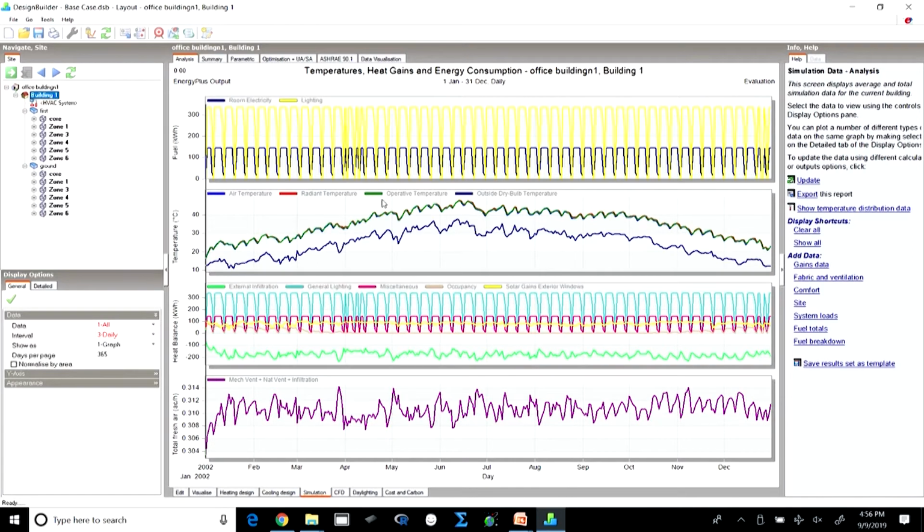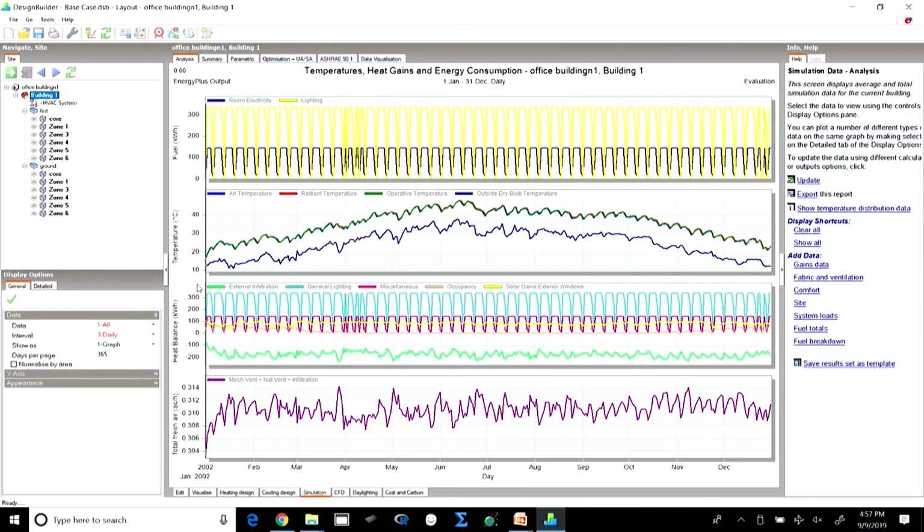So, here if we look at the results, at the data which we get, we can see different types of data. First of all, we have the environmental parameters. In this we have the air temperature, we also have the radiant temperature and operative temperature, and we have the outside dry bulb temperature, which is this.